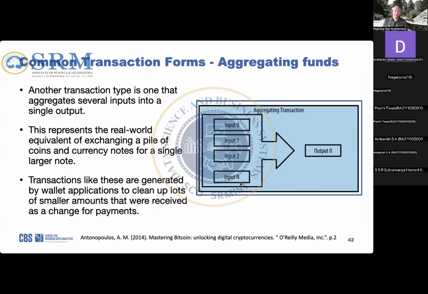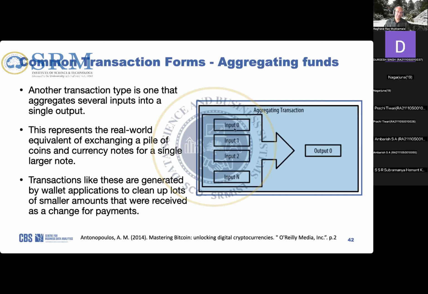And then you also have aggregating funds. Let us say that you receive coins from different people, right? And then what you do is you can input all of them into one transaction, and then combine them, and then you can spend all the coins containing the small amounts.